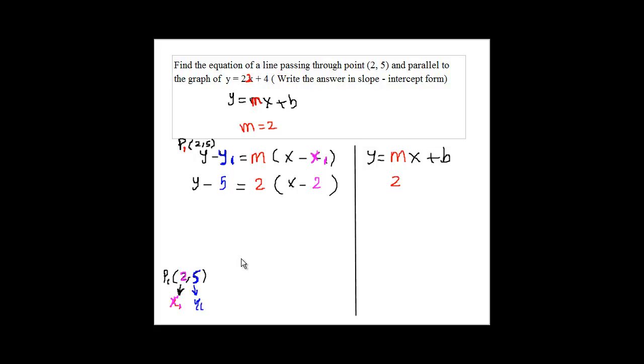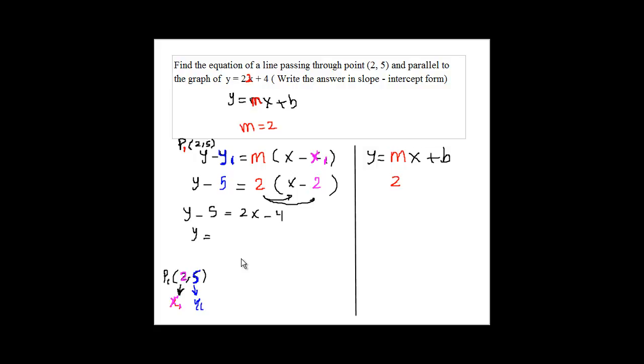This is the equation of the line, but we wanted it in slope-intercept form, so we need to write it as y is equal to mx plus b. In this case, we need to distribute. We get y minus 5 is equal to 2x minus 4.